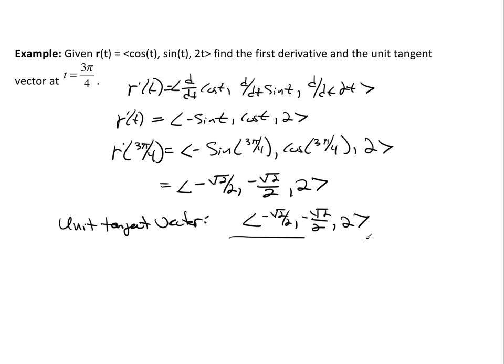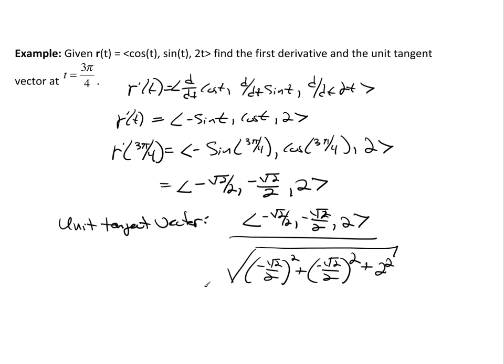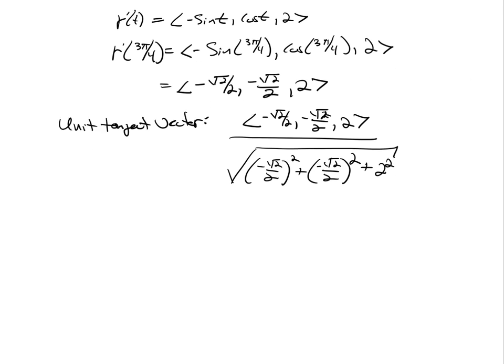There's my vector, divided by the magnitude of that vector. That's going to be the square root of negative root 2 over 2 squared plus negative root 2 over 2 squared plus 2 squared.